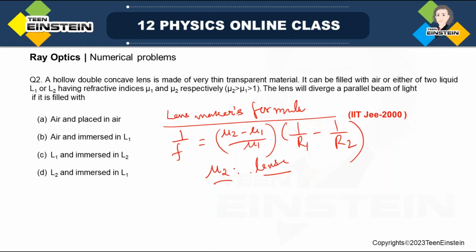So for a double concave lens, that means this one, in this case R1 is this way, R2 is this way.